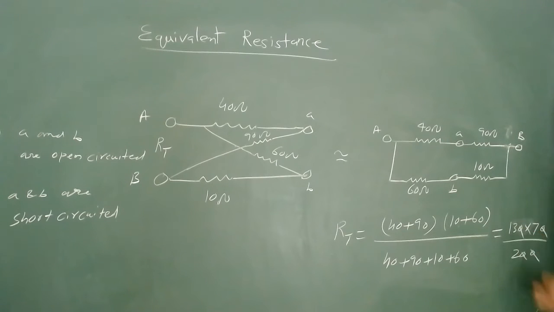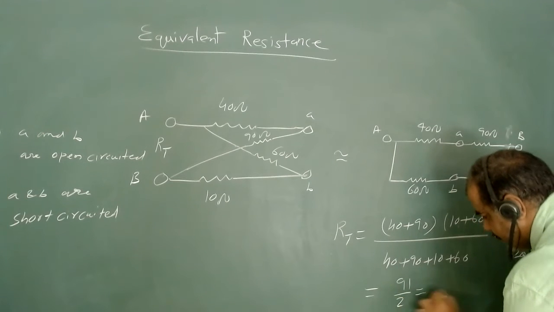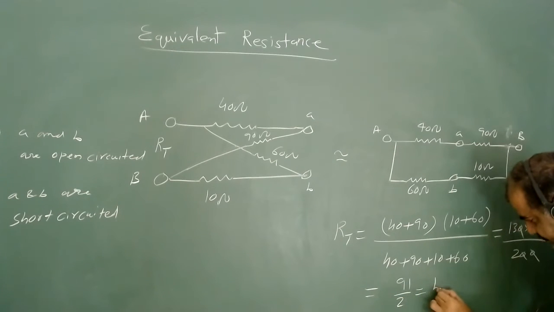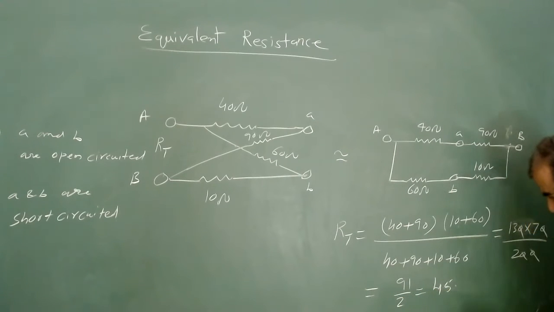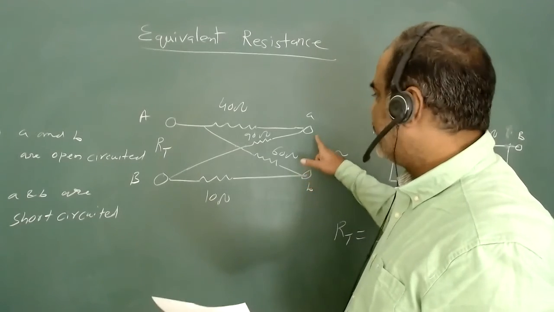This will cancel out, so this becomes 91 by 2. If you solve this, it will come as 45.5 ohms. This is the equivalent resistance when A and B are open.